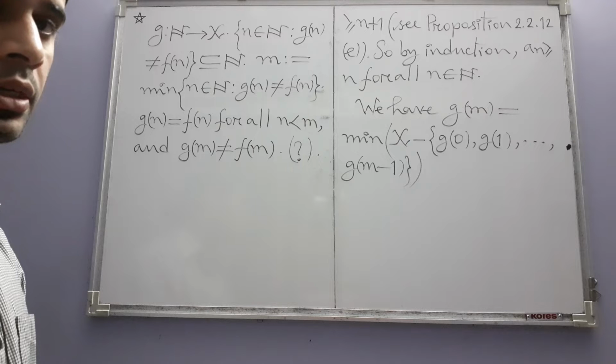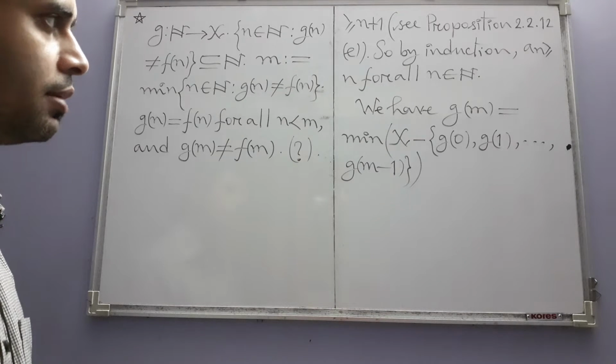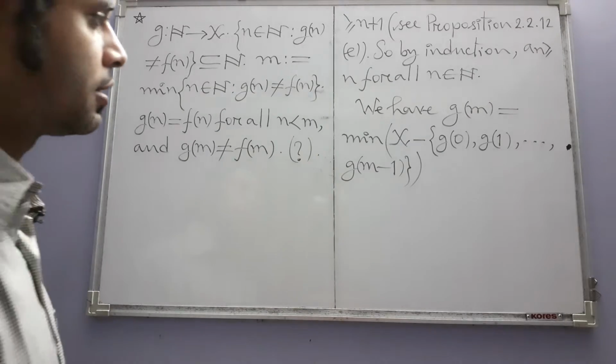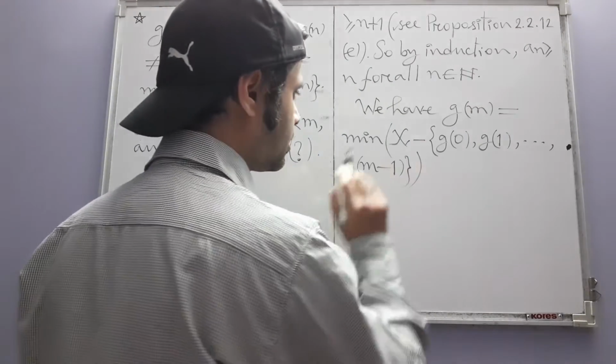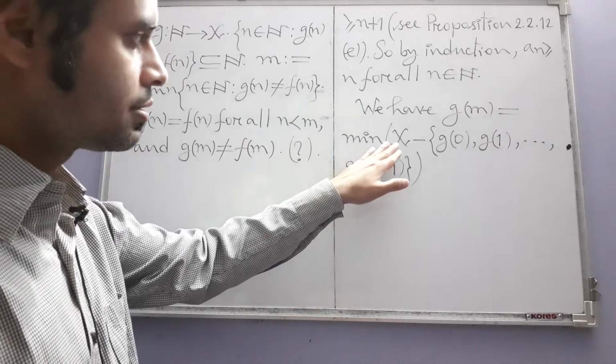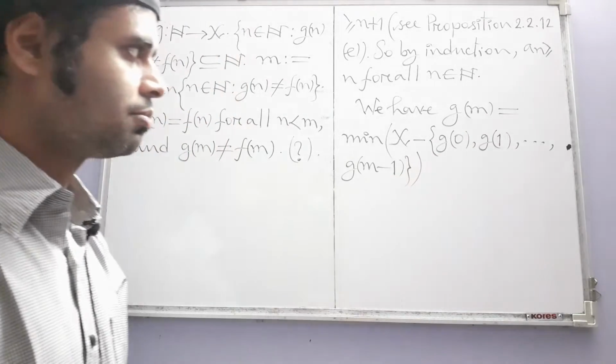The increasing nature of g coupled with the fact that x is infinite tells us that g of m has to be equal to the minimum of this.